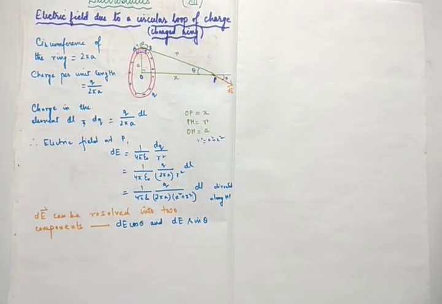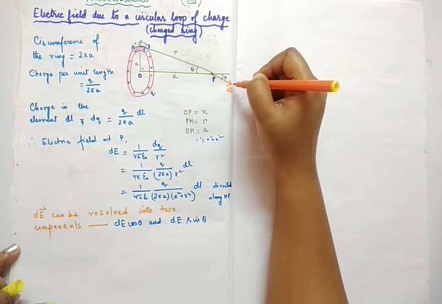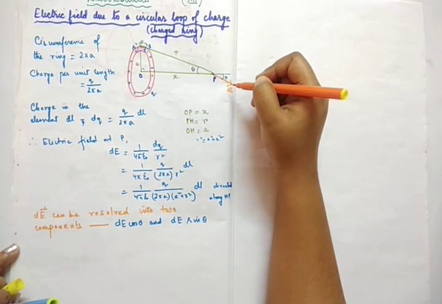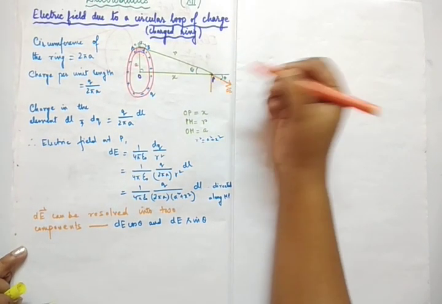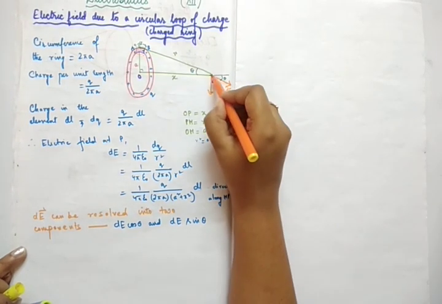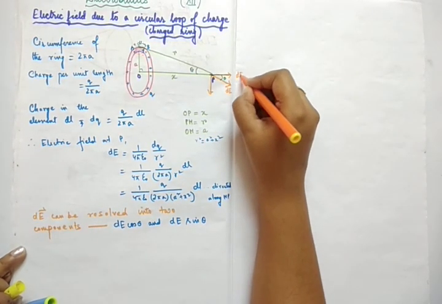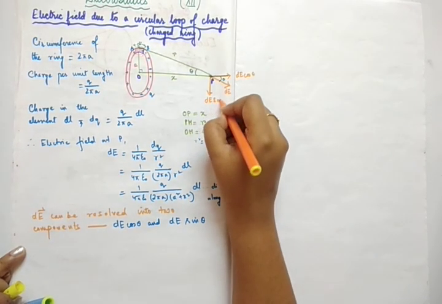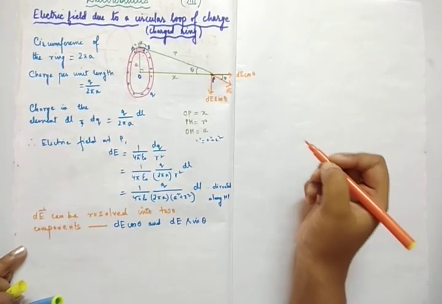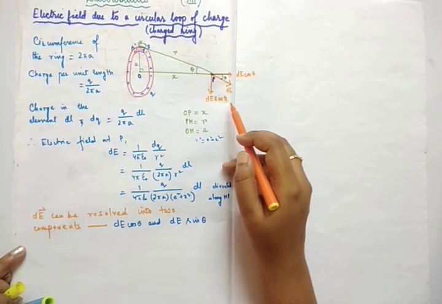Now if this is dE, we get two components, one in this direction and another in this direction. This component will be dE cos theta and this component will be dE sin theta. These are the two components of the electric field.